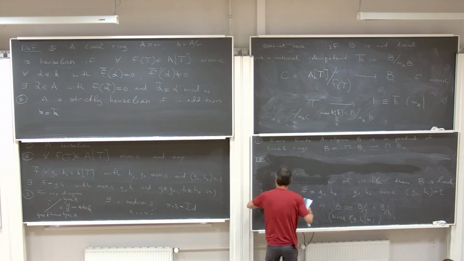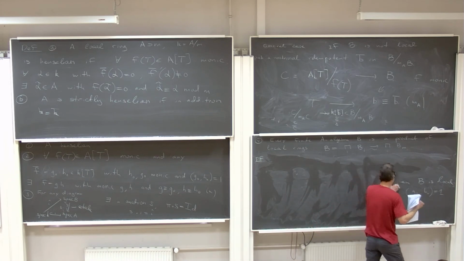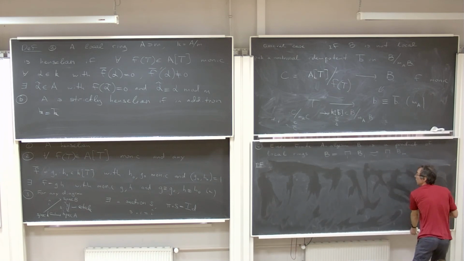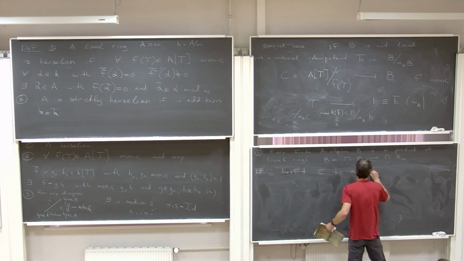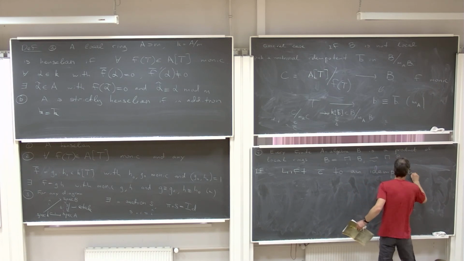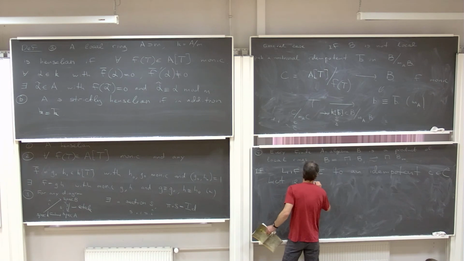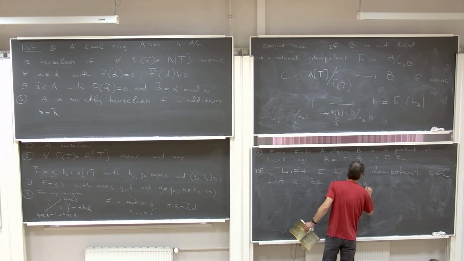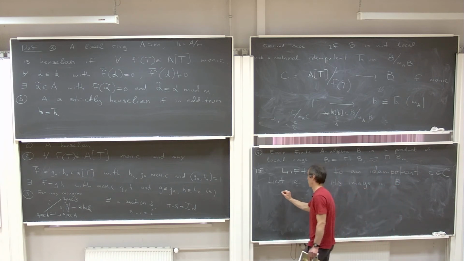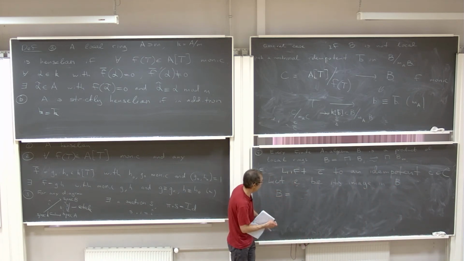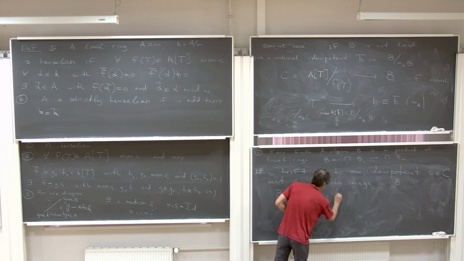So now lift C bar to an idempotent C in C, and let E be its image in B. So then it's also an idempotent, so my B factorizes as E times B times (1 minus E) times B. Okay?